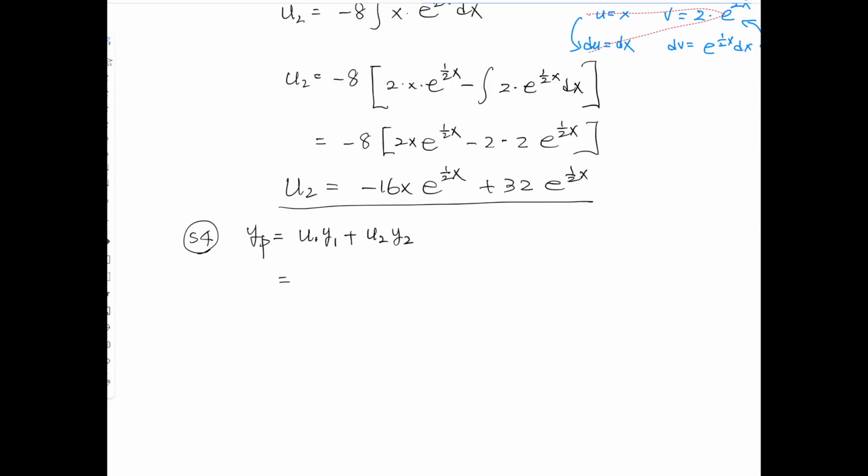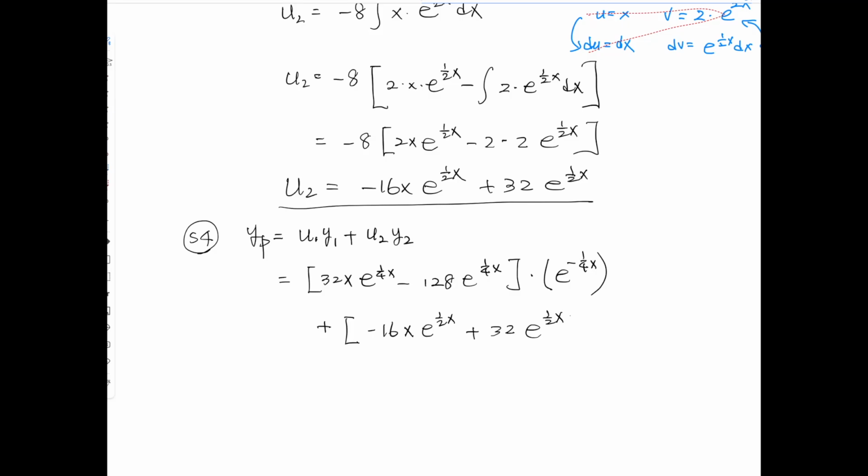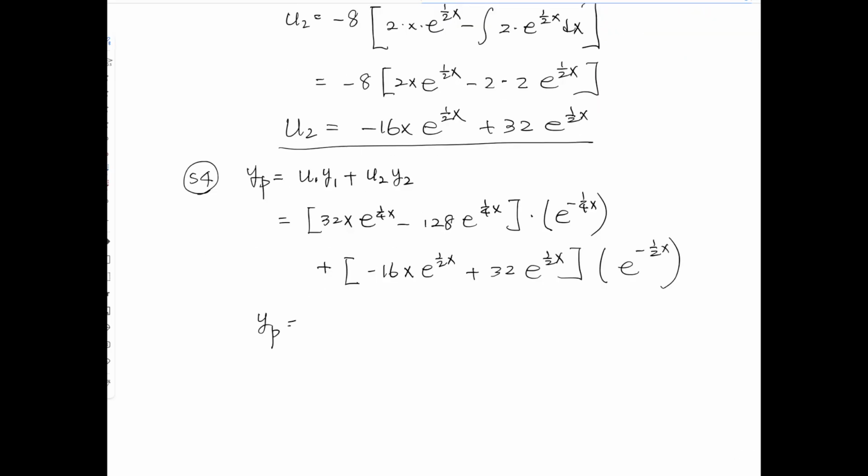So we have u1, 32x e to the power of 1 over 4x minus 128 e to the positive 1 over 4x, times y1, e to the negative 1 over 4x, plus u2, negative 16x e to the positive 1 over 2x plus 32 e to the positive 1 over 2x, and then y2, e to the negative 1 over 2x.